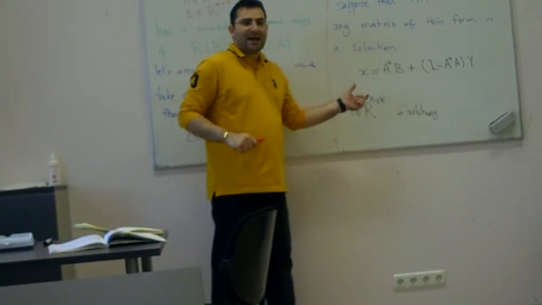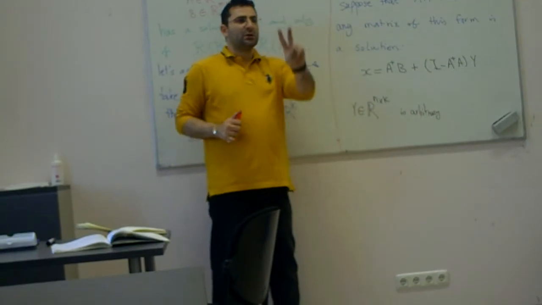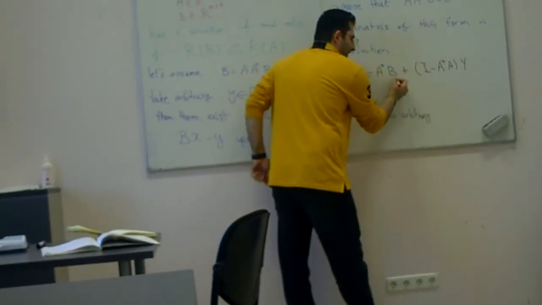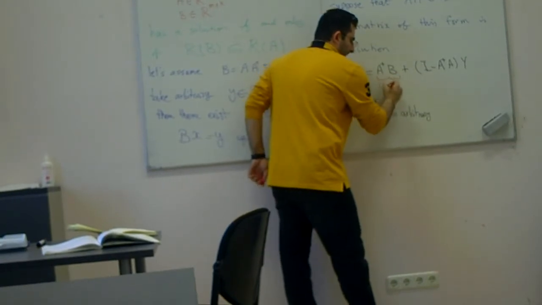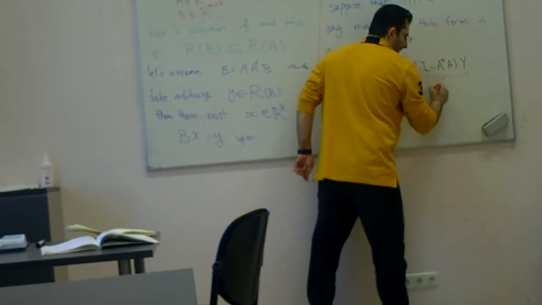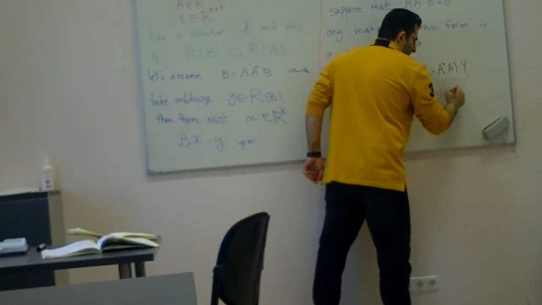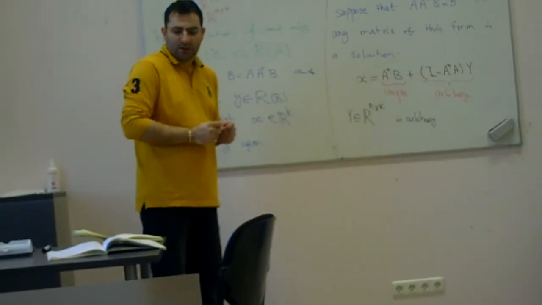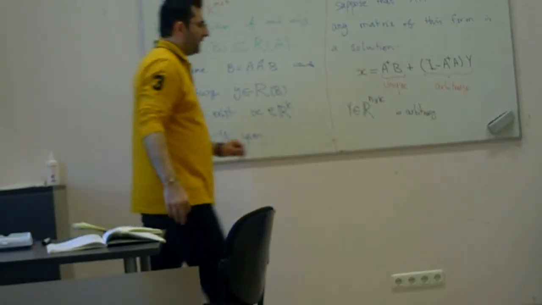So this means that if I have a solution, my solution is a combination of two parts. One part is the unique part plus the arbitrary part, because Y is arbitrary. So we have to open a bit more.